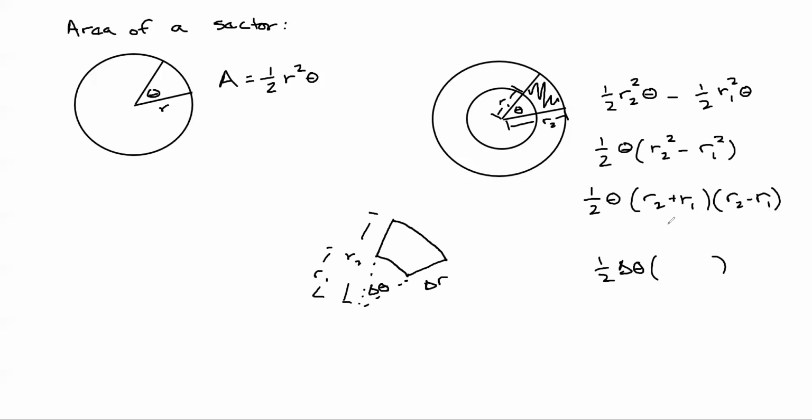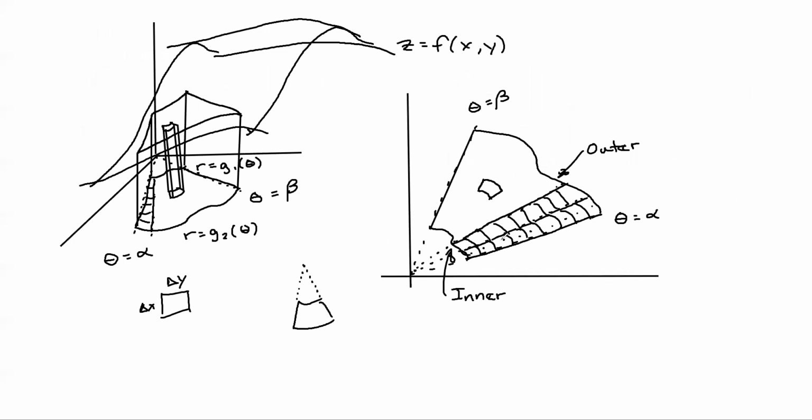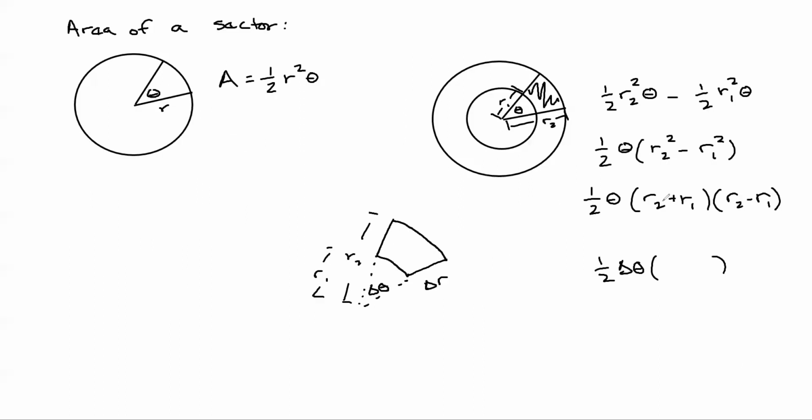And then what do we do with this R2 plus R1? This is the part where it gets a little confusing. The context is that we're going to take the limit as the number of these goes to infinity, and they're going to get really, really tiny. Because of that, we can say something about the radius.